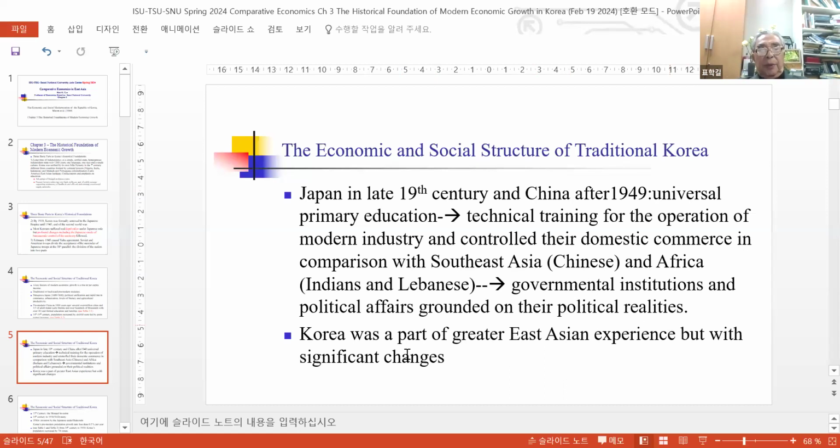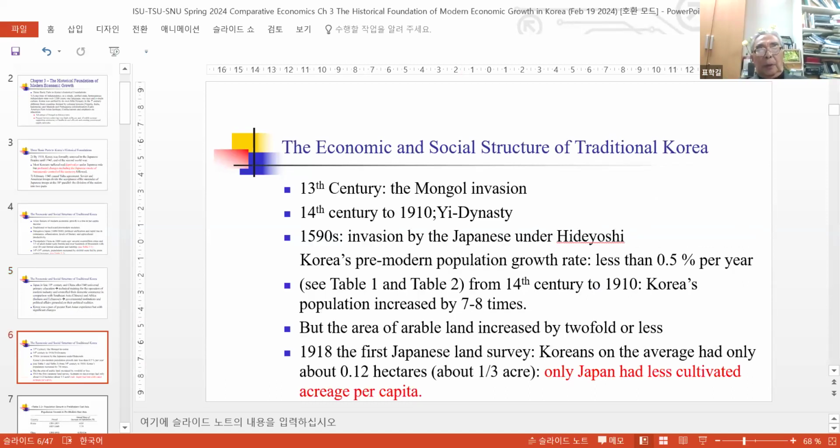So Korea was a part of the greater East Asian experience, but with significant changes. The economic and social structure of traditional Korea, briefly: in the 13th century, the Mongol invasion was made; from the 14th century to 1910, the Yi dynasty.